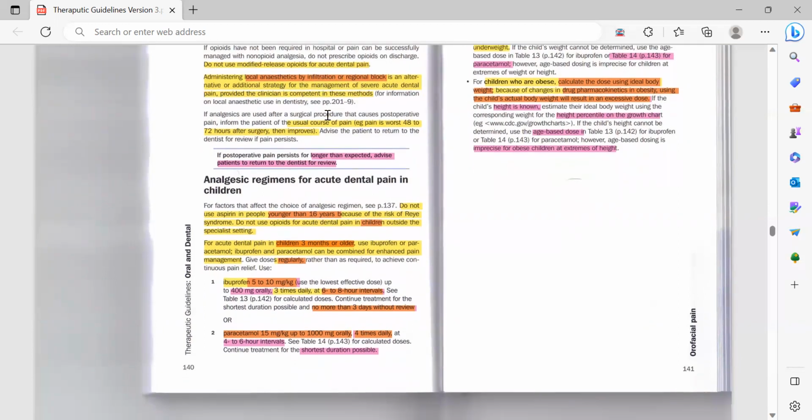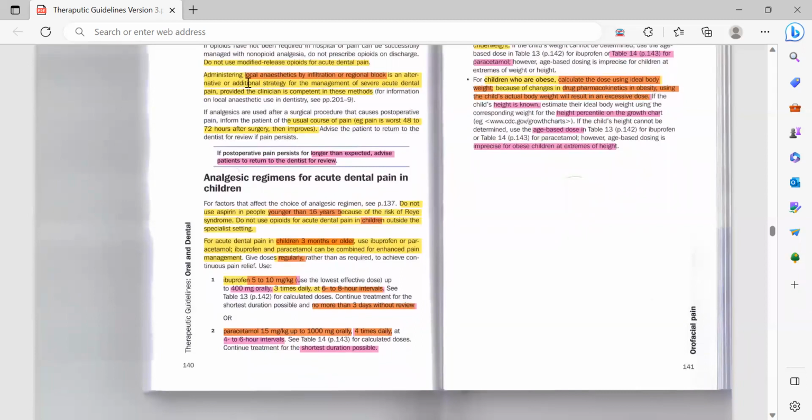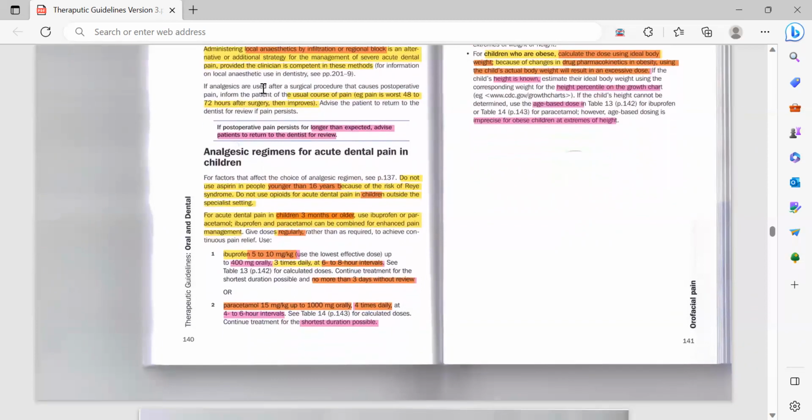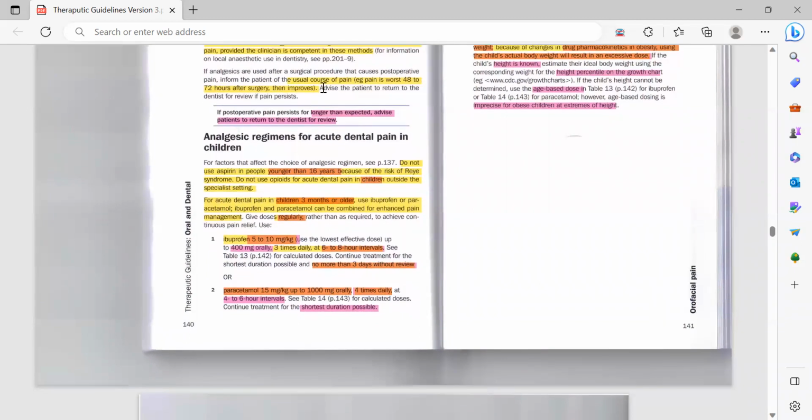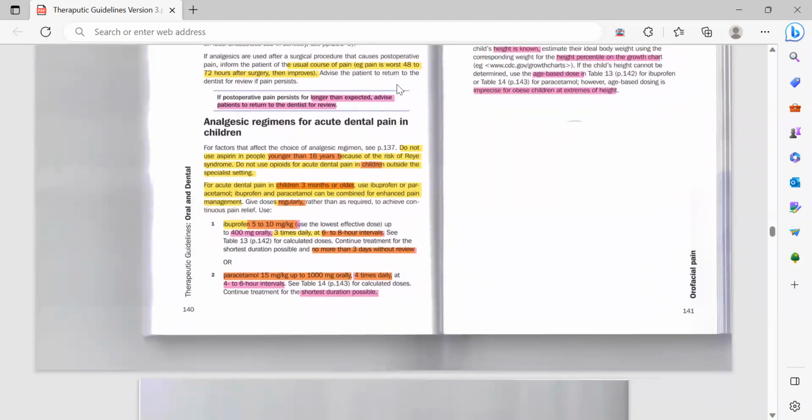That would help him with the pain, and it is an additional strategy. Then, if analgesics are used after a surgical procedure that causes postoperative pain, inform the patient that the pain would be worst 48 to 72 hours after the surgery, and then it would improve. But if the pain still persists, then return for review.